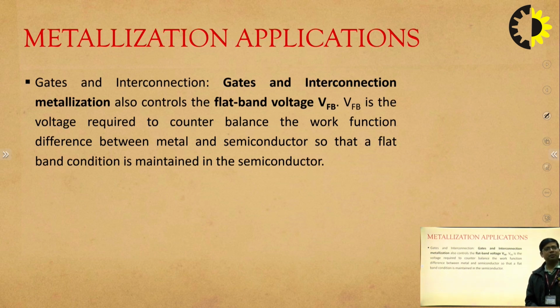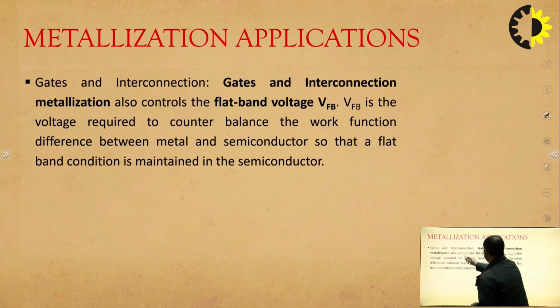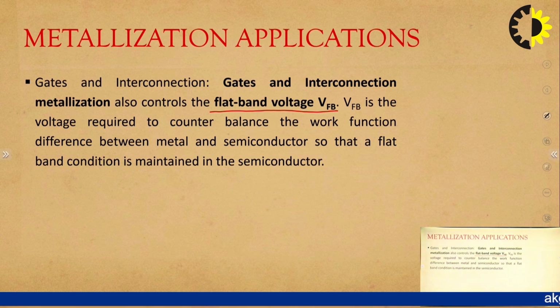The second property of metallization is flat band voltage. As we know, the metal and the semiconductor have a different work function. Now, to counterbalance the work function difference between the metal and semiconductor, this metallization is used.